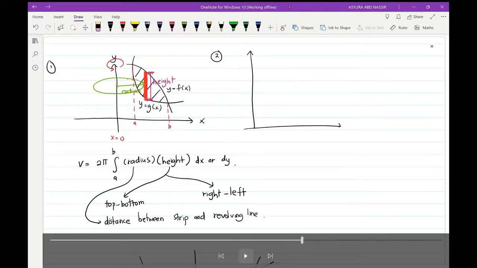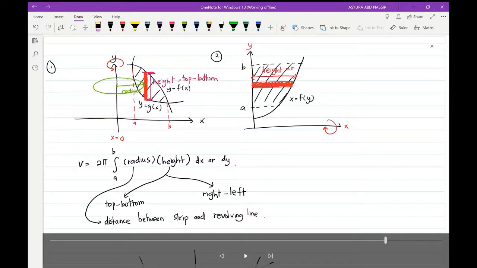Okay, now let's look at the second case, where your height is right minus left. For the second case, the height of your strip is right minus left. Look at here, we have a curve x equals f(y), and the rotation line is the x-axis.